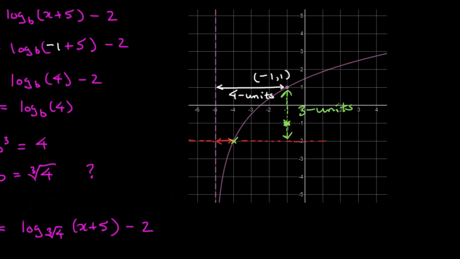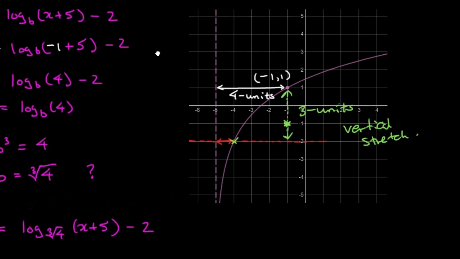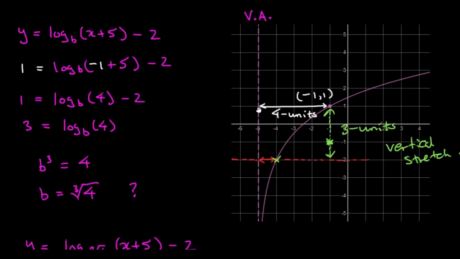And now since this distance is not 1 unit anymore, it's 3 times that, well, this is how you can recognize your vertical stretch by a factor of 3. And then you could actually just go back up here and say, well, if this dot was 4 units from my vertical asymptote, that means my base is 4. And then if I recognize my stretch of 3, you can just plop your 3 out in front.